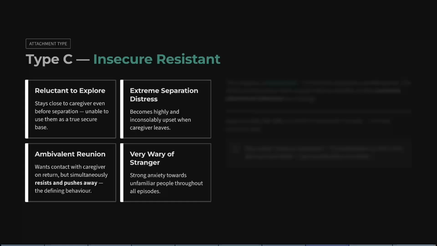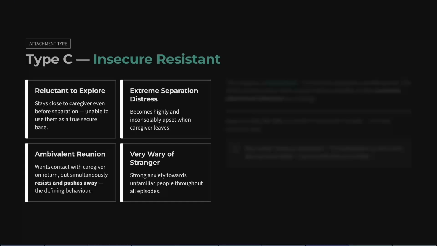The resistant infant is highly wary of unfamiliar people throughout all of the episodes, more so than either of the other attachment types. When the caregiver leaves, extreme and inconsolable distress occurs. The separation anxiety is intense and overwhelming, and these infants can be very, very difficult to settle.